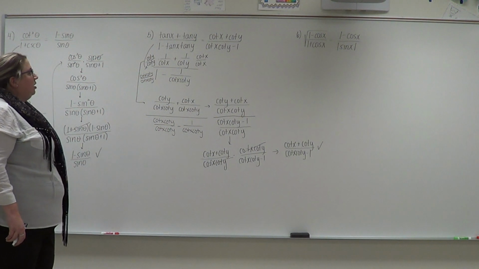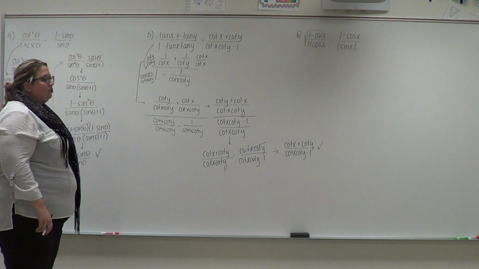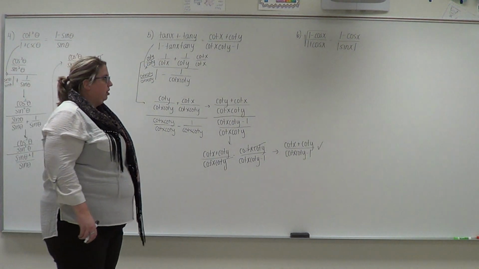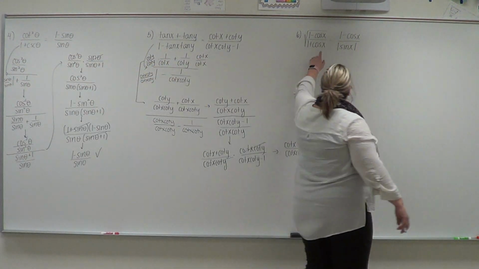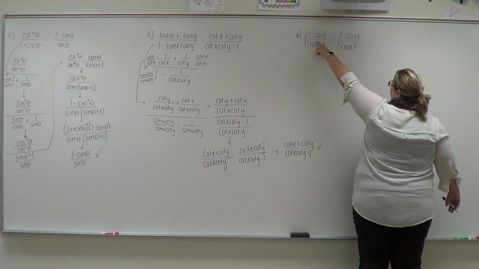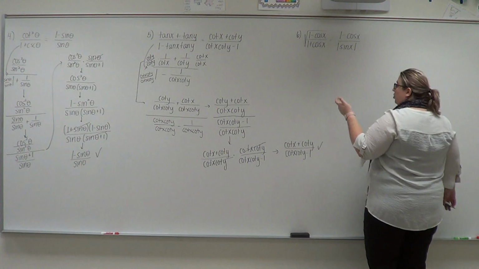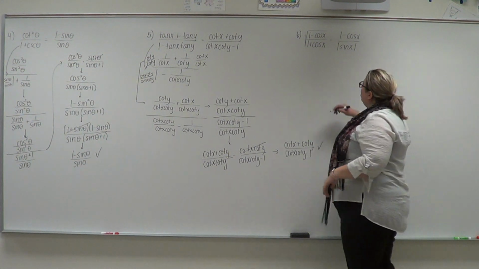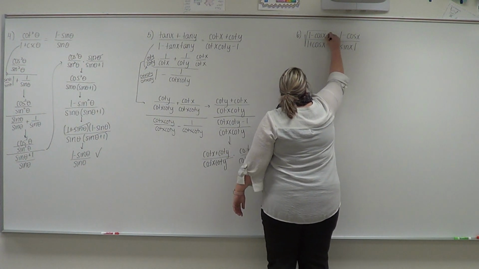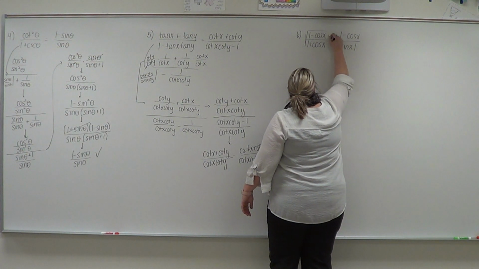Okay, last one, square roots. In order to get rid of a square root, you need to have something squared. So I know I need 1 minus cosine over here, and I have 1 in there, so I need 2 of those. In order to get 2 of those, you need to have another one that you're multiplied by. So I'm going to multiply this, top and bottom, by 1 minus cosine.